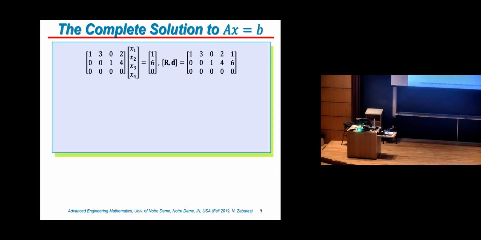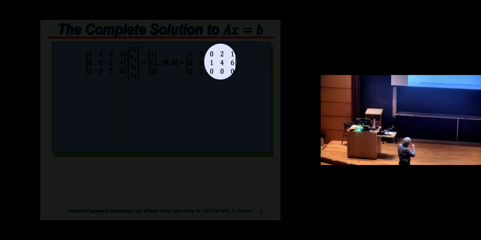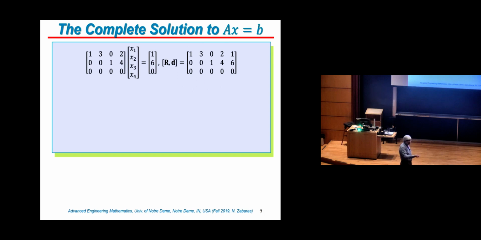So how many pivot variables do I have? What is R? R is equal to 2. What variables are the pivot variables? X1 and X3. So the variables X2 and X4 are free variables. All right.